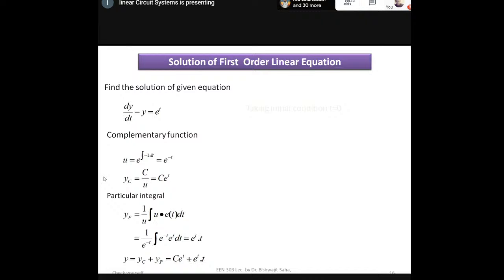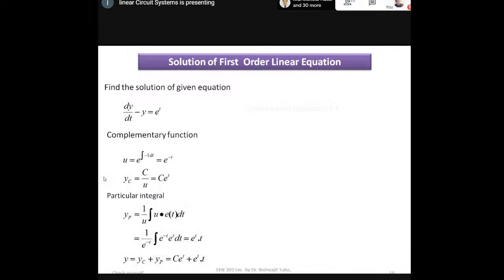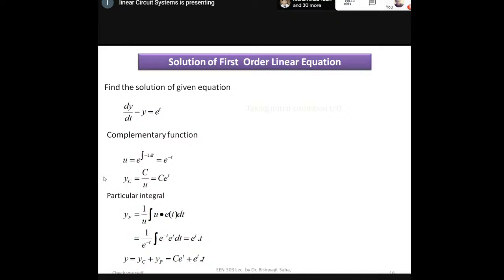Yeah, it should be corrected to e to the power t. All right. Any more questions? No, sir. All right. Next, we're moving forward.